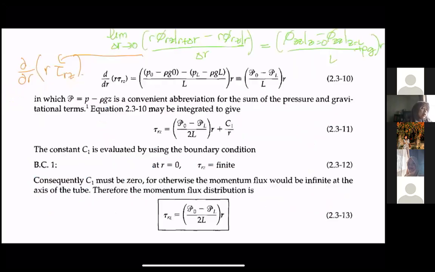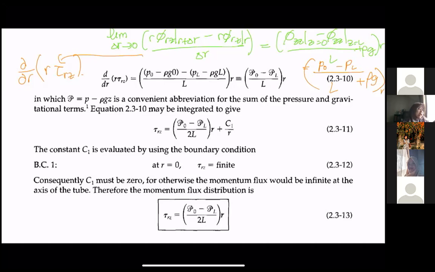So I can write this part as equal to P0 minus PL divided by L plus rho G R.